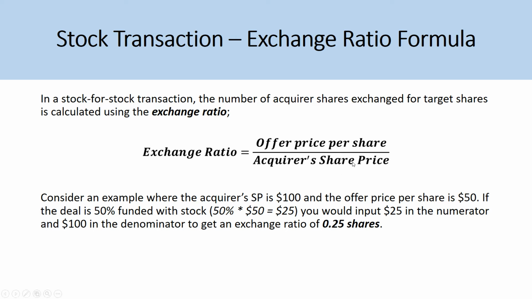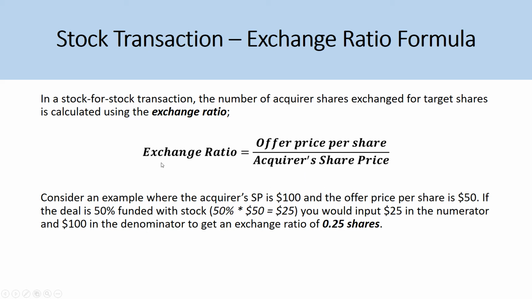That would be the denominator. And then the offer price per share is $50. If the deal is funded 50% with stock, so $25 through stock, you would input the $25 in the numerator and $100 in the denominator to get an exchange ratio of 0.25 shares. Now that result, that exchange ratio, is essentially the number of shares the target shareholders get from the acquirer.